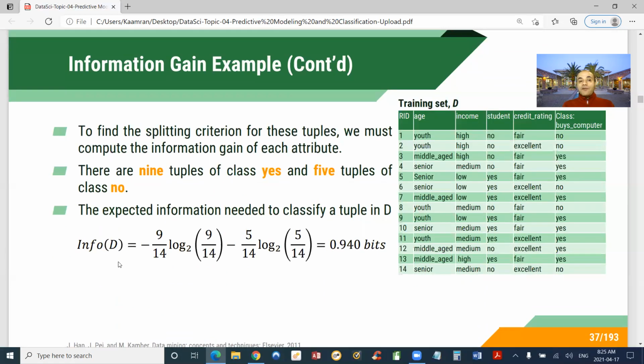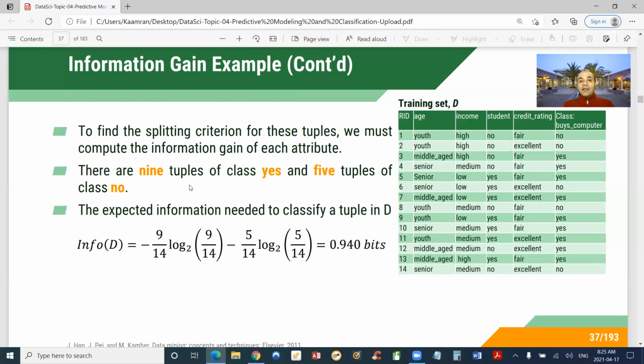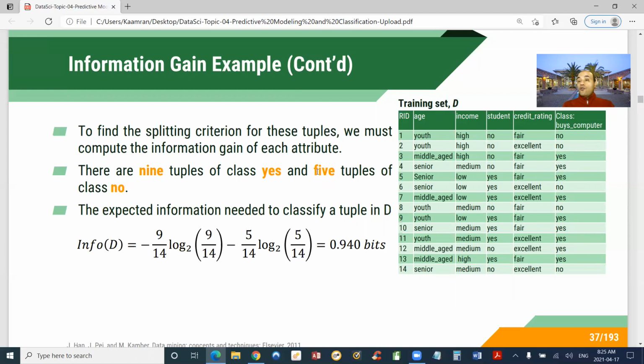I want to find information D, and information D in this case is going to be about the class itself. We have 9 tuples of class yes. If you count, we have 14 rows, and you're going to have 1, 2, 3, 4, 5, 6, 7, 8, 9. You have 9 yeses, and obviously 14 minus 9, 5 no's.